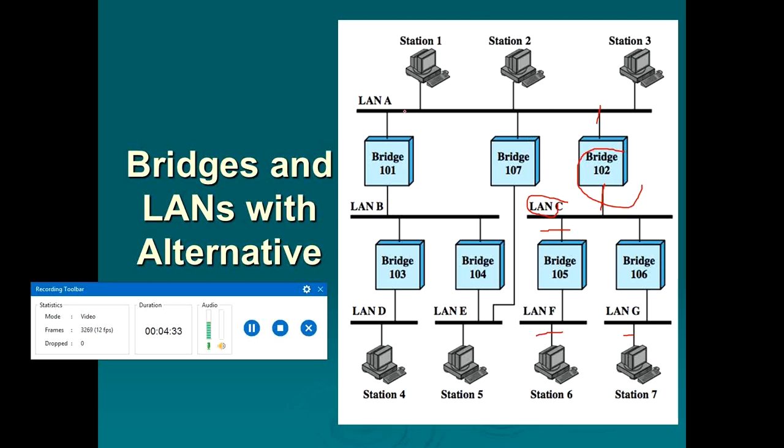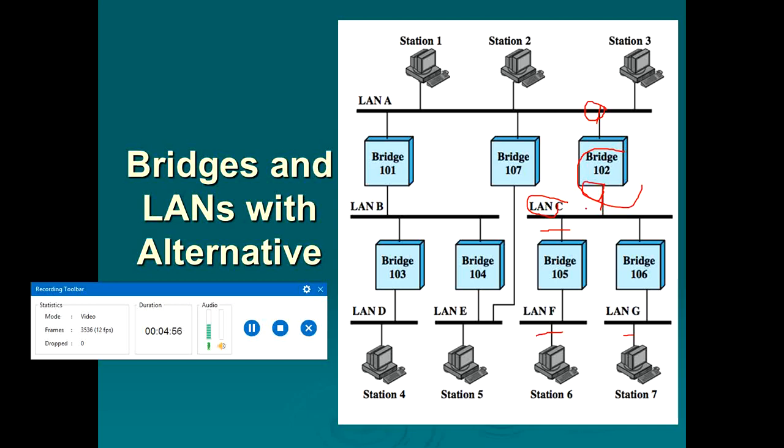So for example, if station 3 wants to forward a frame to LAN F or to station 6, it will be sent to bridge 102 on one port, which is this port, and that frame will leave from bridge 102 on this port. So there is an outgoing port and an incoming port.